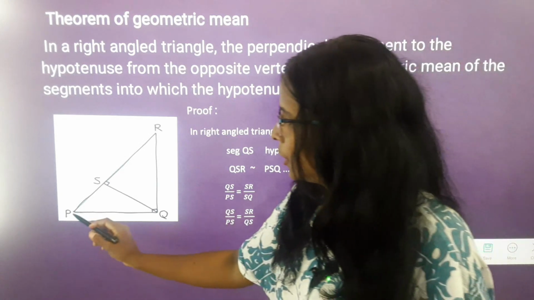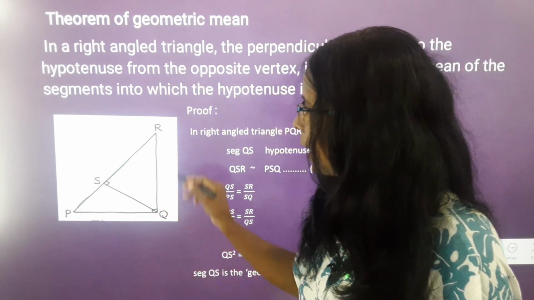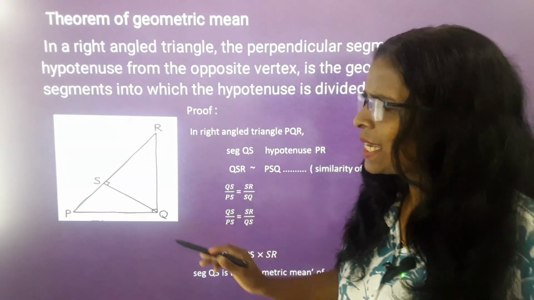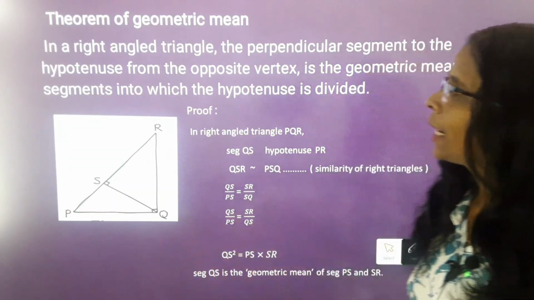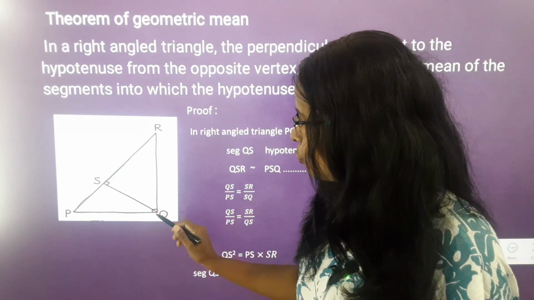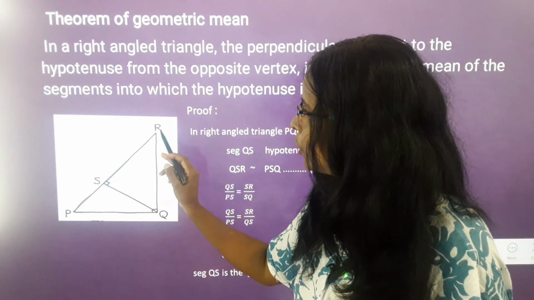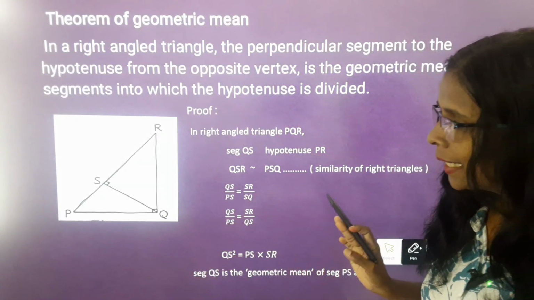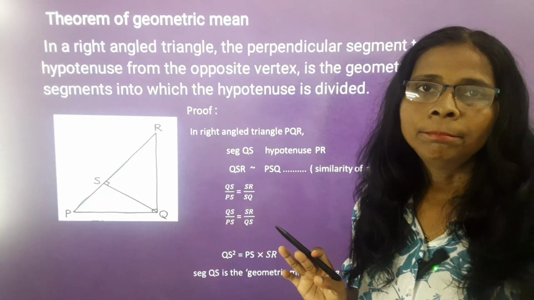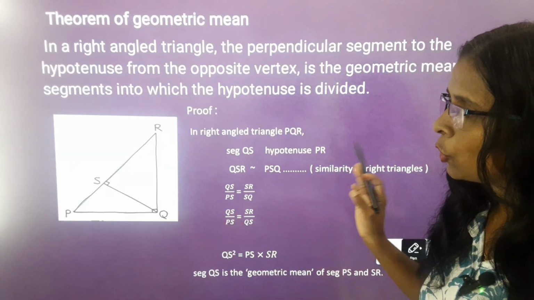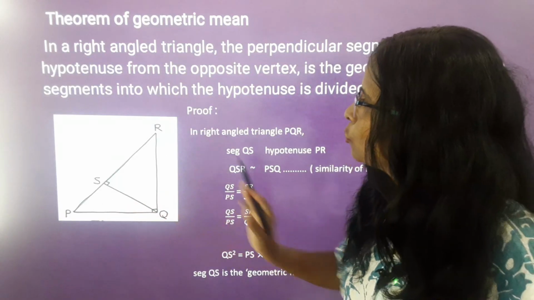So we draw triangle PQR as a right angle triangle, where angle Q is 90 degrees. And the perpendicular is drawn to the hypotenuse, so QS perpendicular to PR. Okay, QS is the altitude which is drawn on the hypotenuse PR, students.